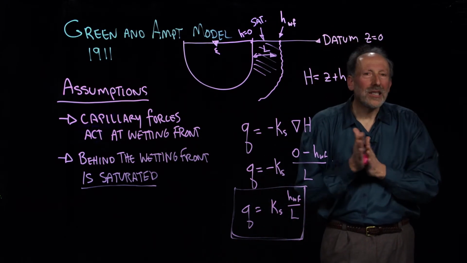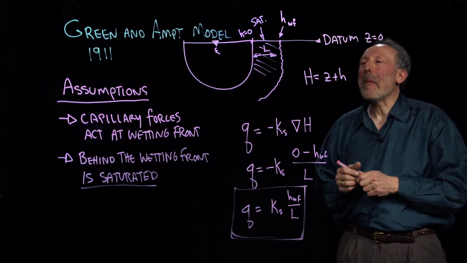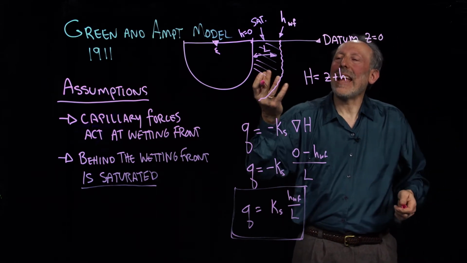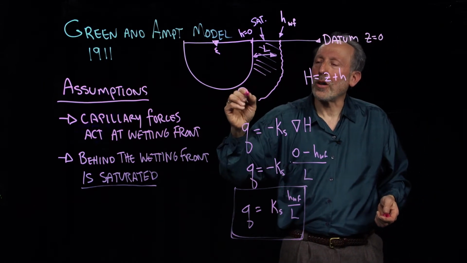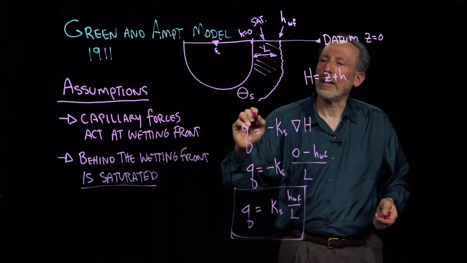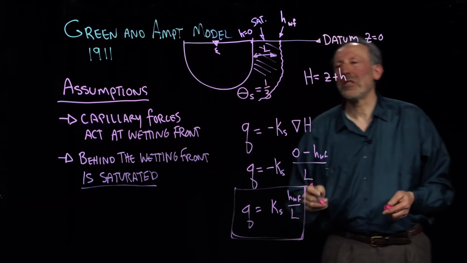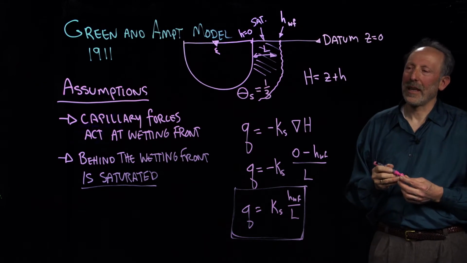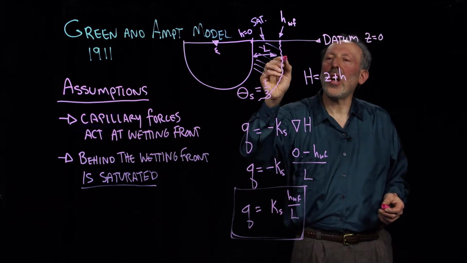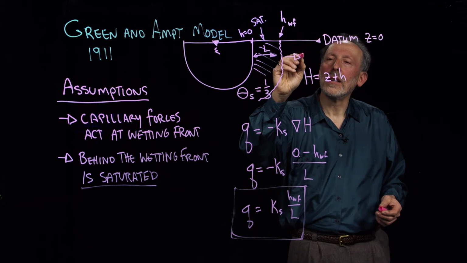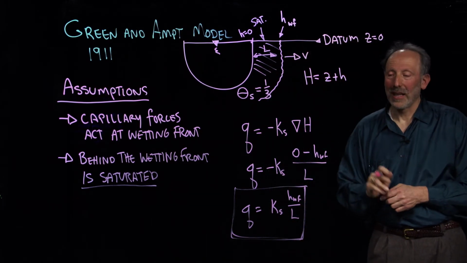Now, the one last thing I want to make sure that you remember is, let's say that the saturated water content that we call theta sat, right? Let's just say it's equal to 1/3, okay, which is a typical sort of number. Then what is the velocity of this wetting front?